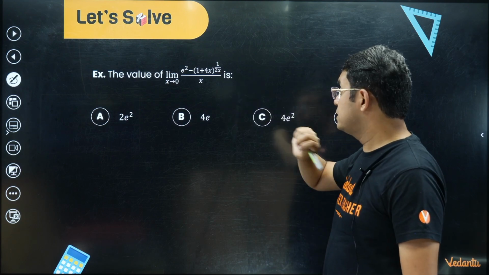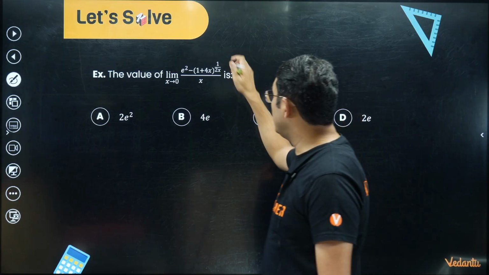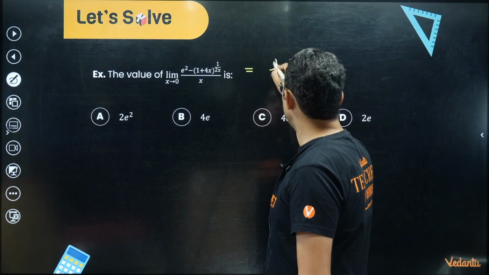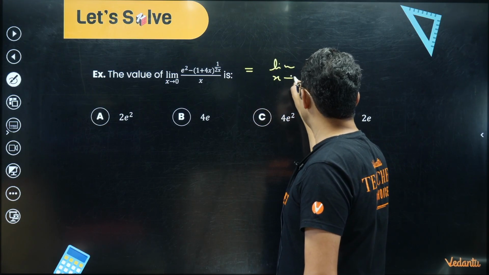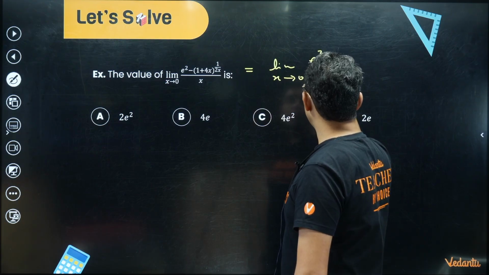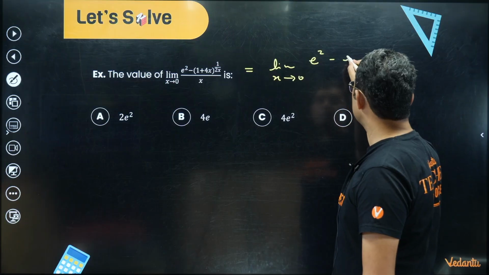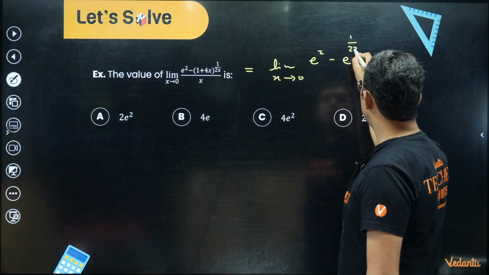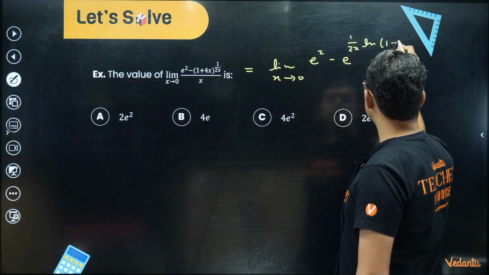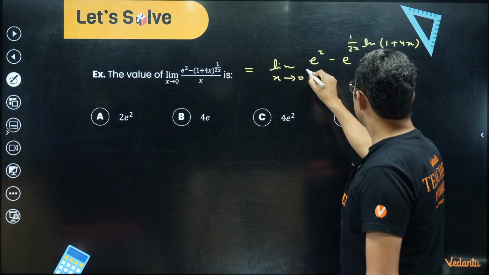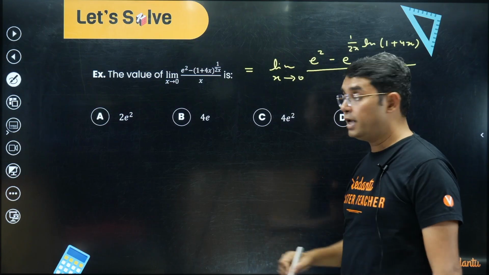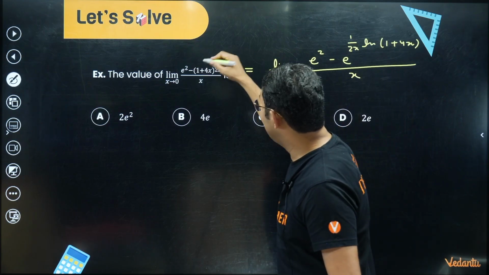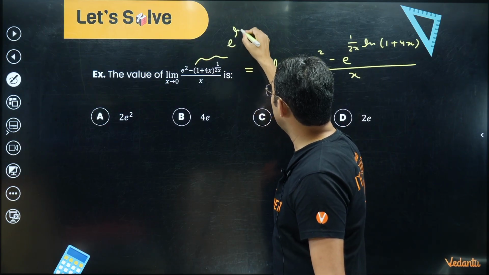Okay, now this is a bit tricky, in this part please see. Here what will happen, we will write limit x tending to 0 of e square minus, and for this we will write this as e power 1 upon 2x into ln of 1 plus 4x. I told you one tricky way to take the log. So we will write this as e power log of everything.